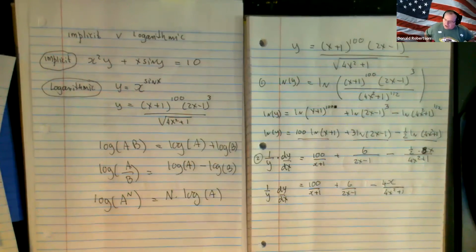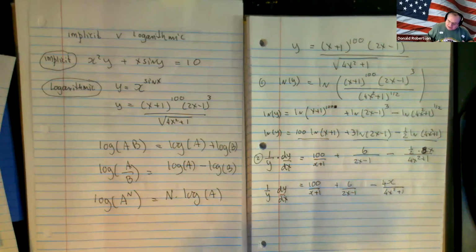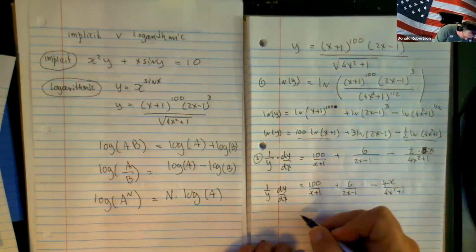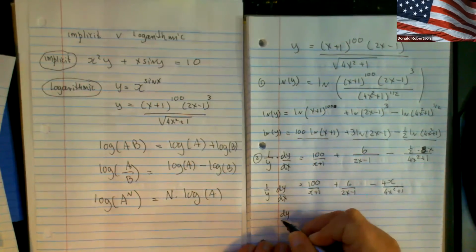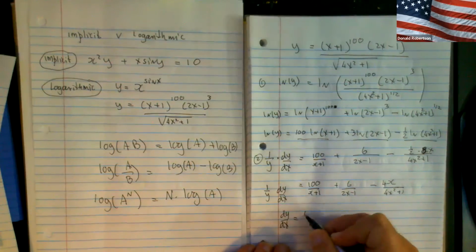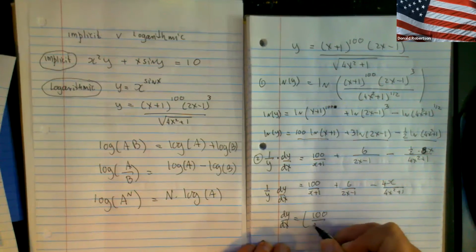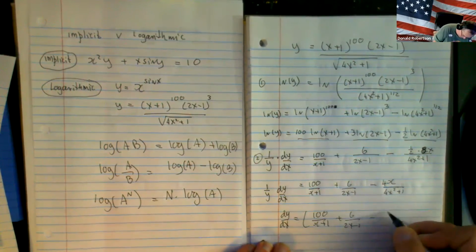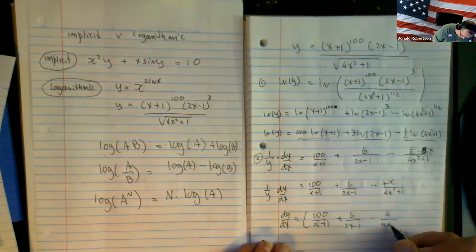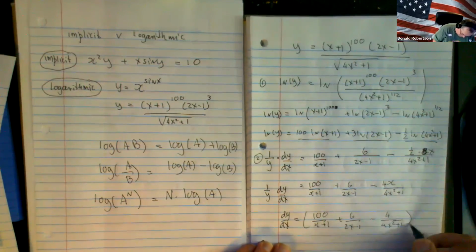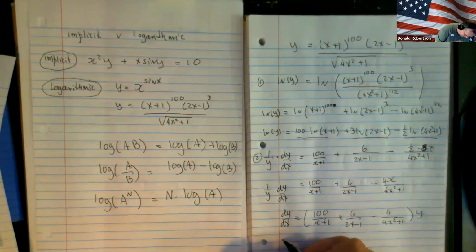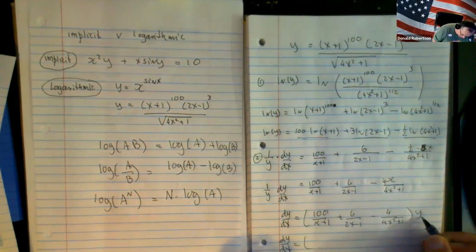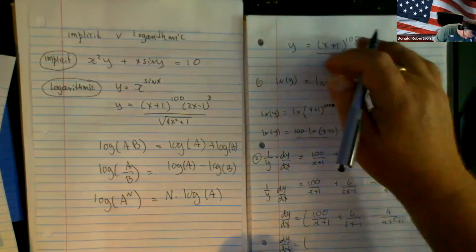The last two steps are pretty much guaranteed. When you get to this stage, the next two steps are multiply both sides by y. And then the one after that is just replace the y by its original.